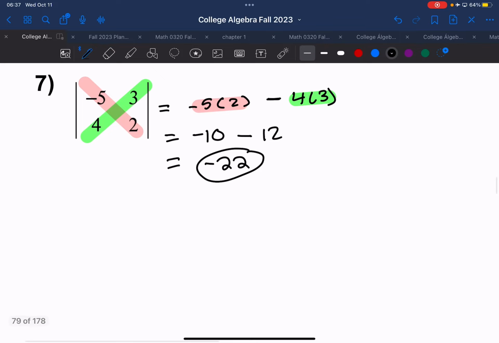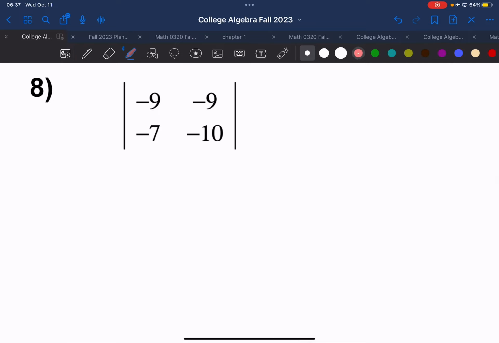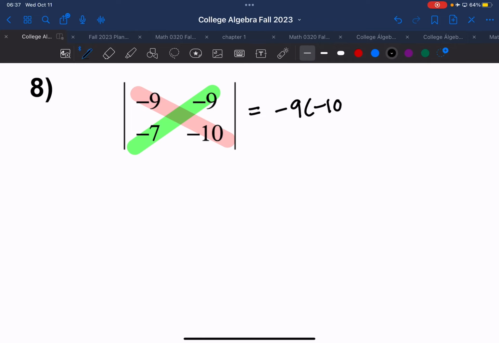Okay, let's go ahead and look at 8. Same thing, we do this diagonal, then we do this diagonal. So -9 times -10 minus, because that's part of the formula, -7 times -9. So we did the diagonal I have in pink, then the diagonal I have in green. So then I simplify. -9 times -10 is 90.